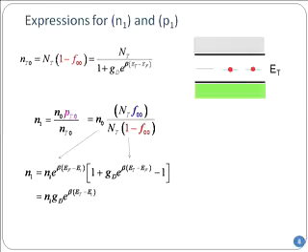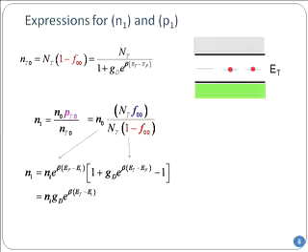You just insert the whole thing in, and once you do, you get an expression for N sub 1. Do you know everything in this one? Ni, do you know that? You know that, 10 to the power 10, right? G sub D, you know, the degeneracy factor. What about ET? Well, you look at the table.